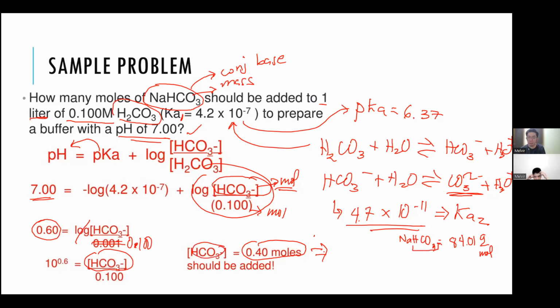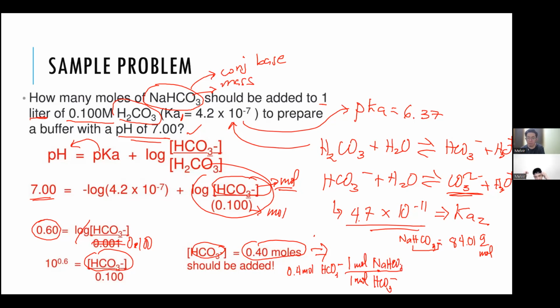Gusto ko lang ipakita yung stoichiometry. So may 0.4 moles ka ng bicarbonate. Pakitandaan, may 1 mole ka ng bicarbonate kasi baka masanay ka na i-multiply mo lang kagad. Hindi. Analyze mo yung formula. May 1 mole ka ng bicarbonate sa 1 mole ni sodium bicarbonate.